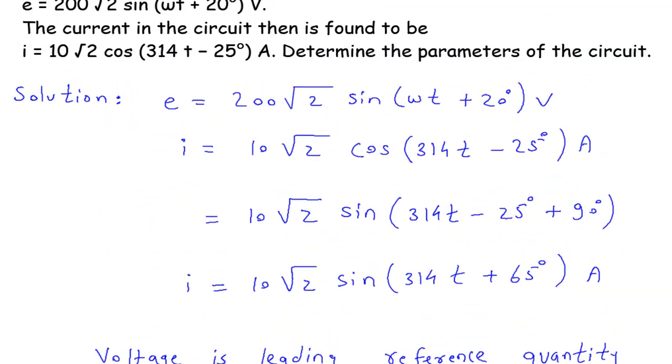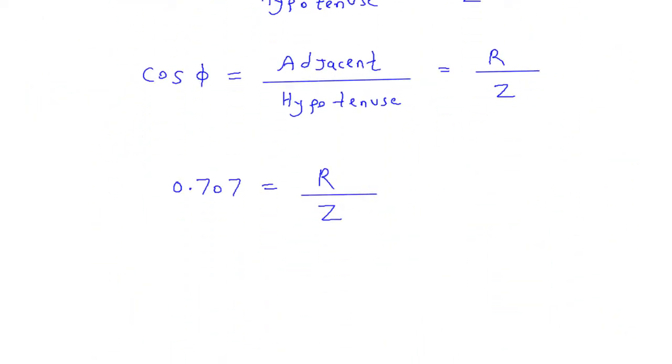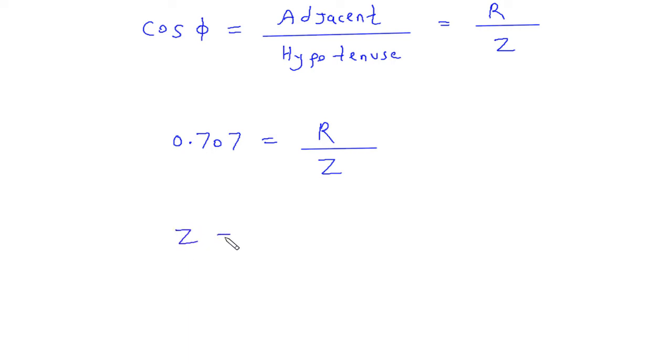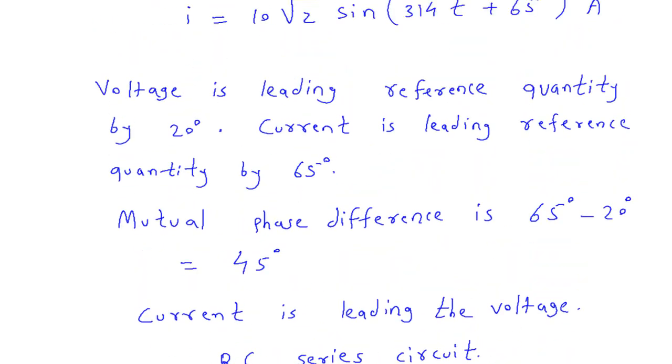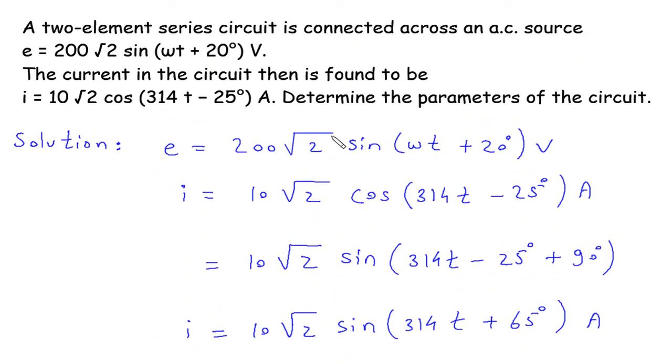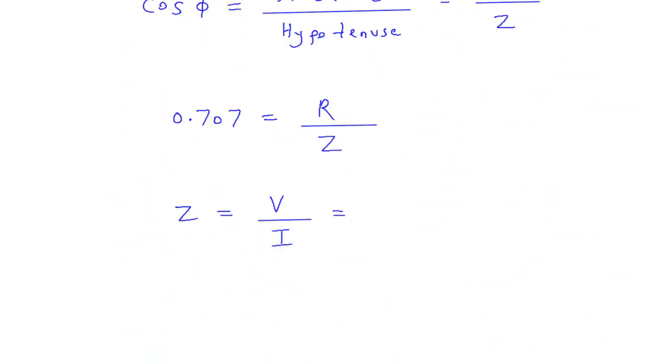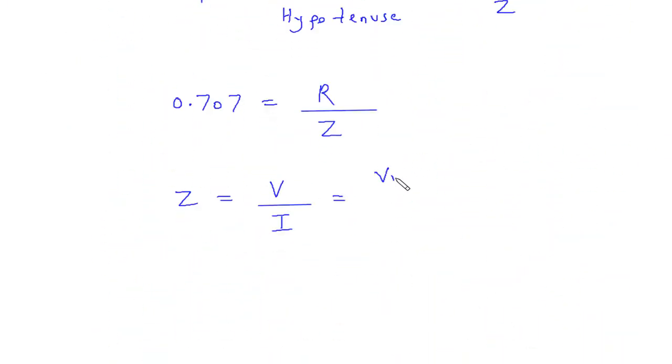Now we can find the value of Z. Z is equal to V by I. We know the values of Vm and Im. So V is Vm by root 2 divided by Im by root 2.